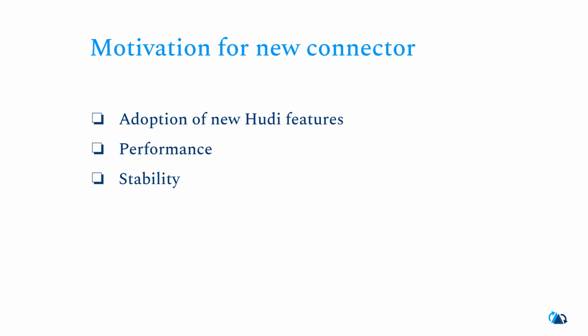And that is also related to the performance improvements that we see. We wanted to bring the same kind of improvements on the read side through several other engines, not just limited to Spark, but also Presto, Trino, or Flink. So those were two main motivations.